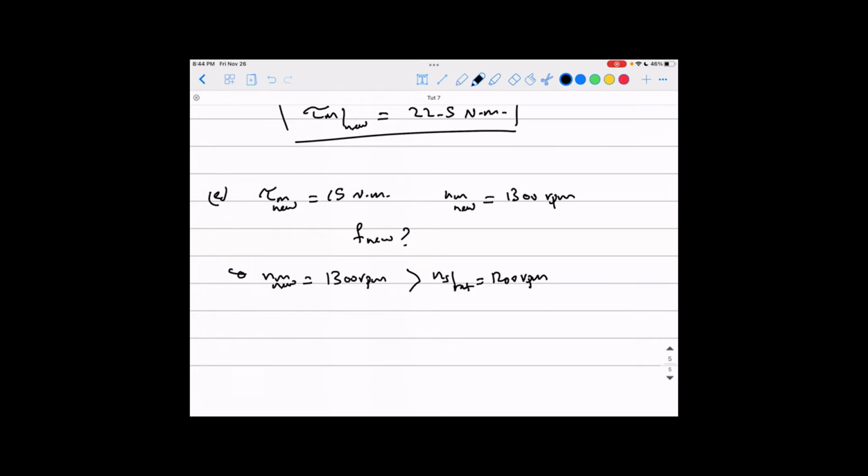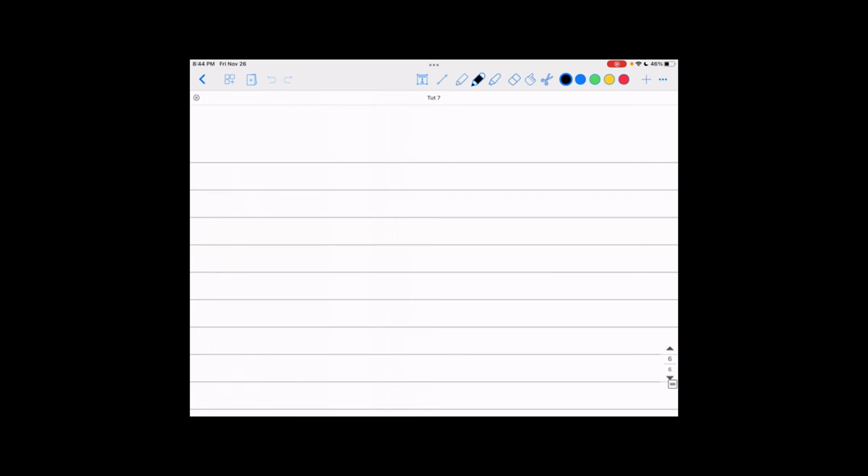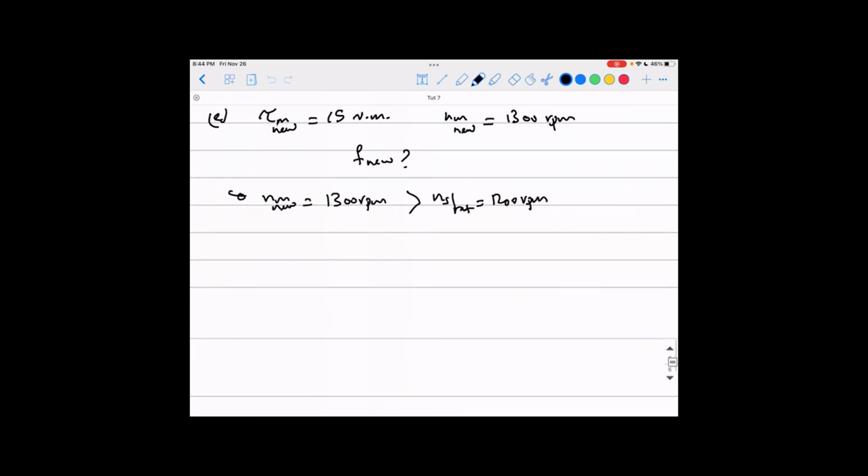That means you are now beyond the rated frequency, and you're no longer in the linear region. That means V over F is not constant anymore. Rather, V is constant at V rated, because we cannot increase V over its rated value, but we can increase frequency over its rated value. It's fine.